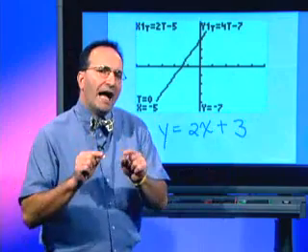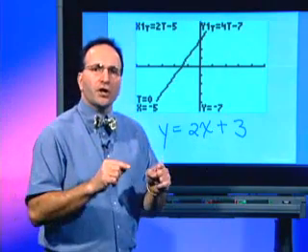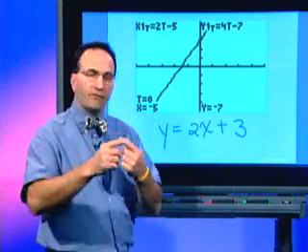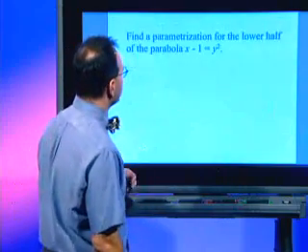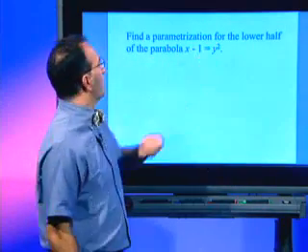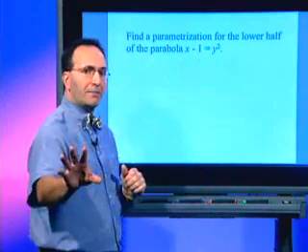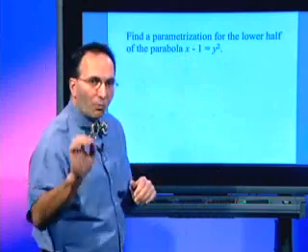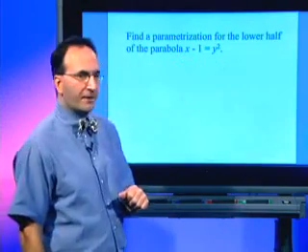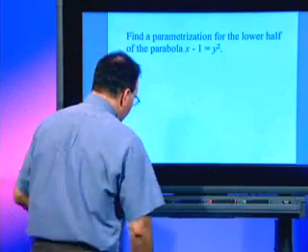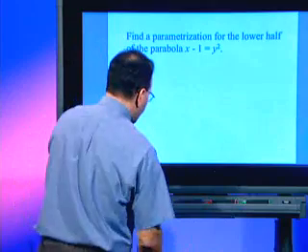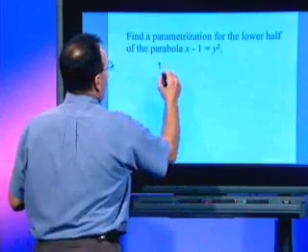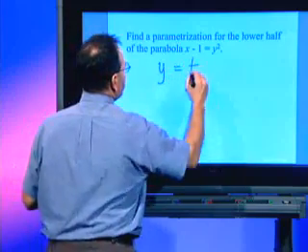Now, let's find a parametrization for a curve given as a Cartesian equation. In other words, let's go in the reverse direction. Find a parametrization for the lower half of the parabola x minus 1 equals y squared. You've got to start with something like, for example, let's say y equals t.